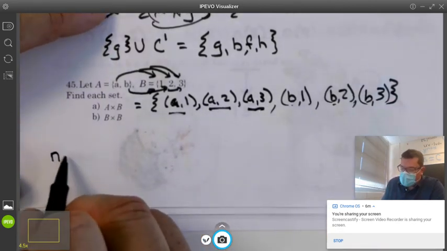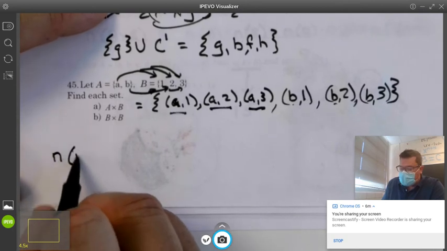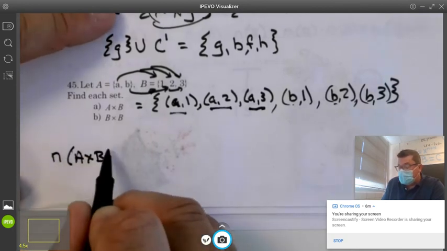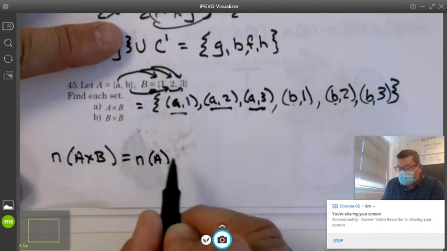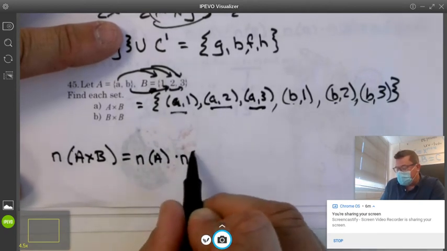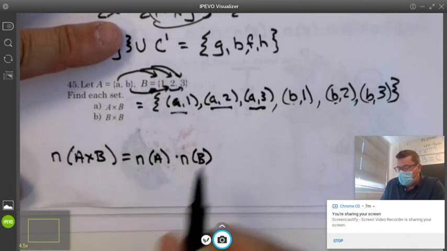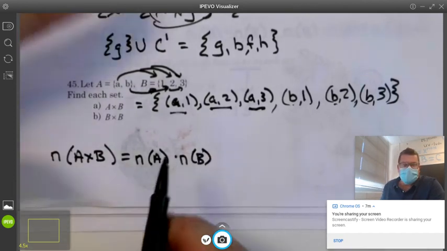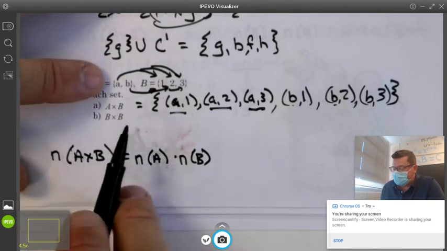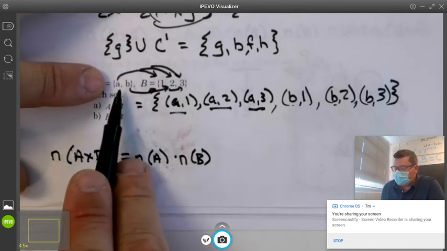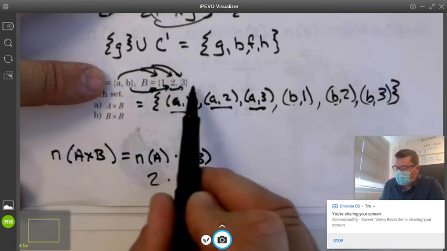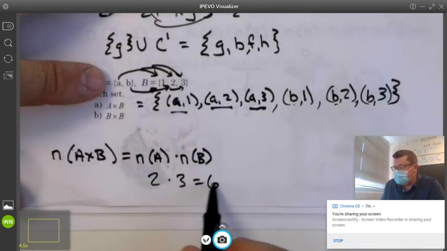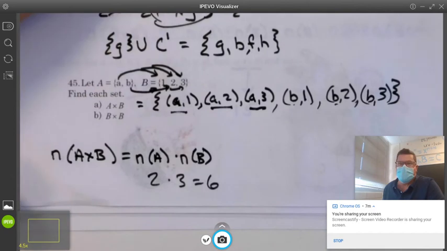Remember, the number of elements that live in a Cartesian product equals the number of elements in A times the number of elements in B. And multiplication of integers is commutative, so it should work both ways. 2 elements here times 3 elements there equals 6. Good system of checks and balances to make sure you've got enough.